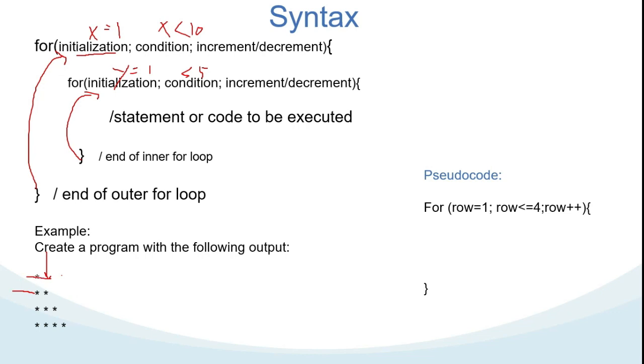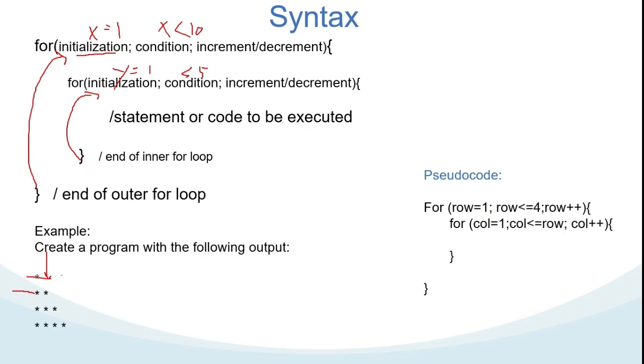How many times? It depends on the row. If we are in the first row, we print it 1 time. If we are in the second row, we print it 2 times. So it means there is another loop inside the loop. We can call it column in this case. So we start from 1. What's the condition to stop? The condition to stop here is the row number itself.